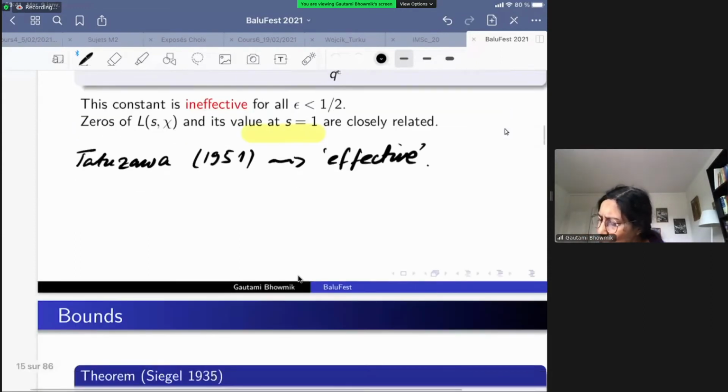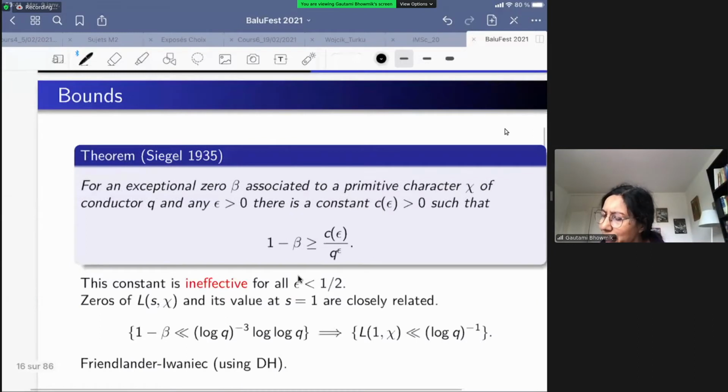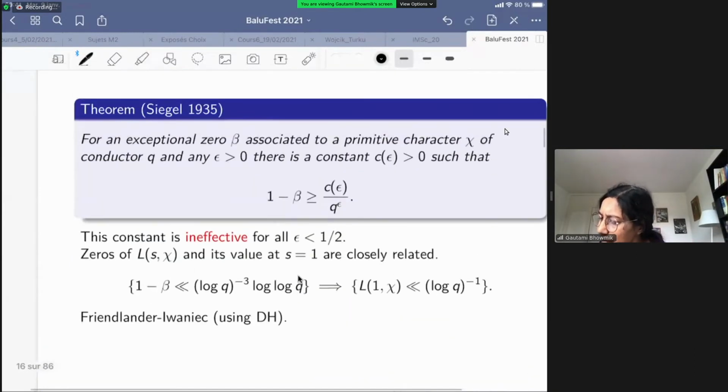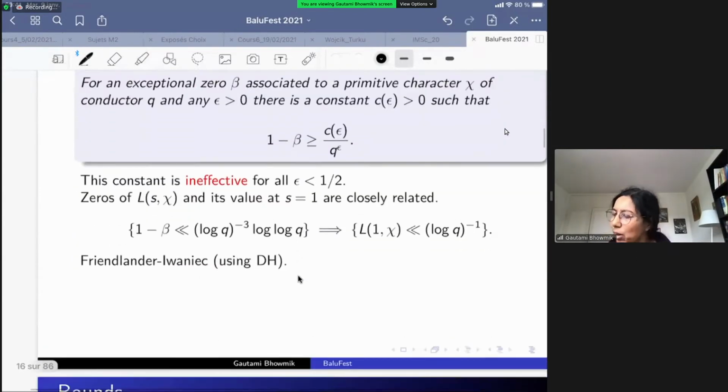So what do we know for these zeros of L(s, chi) and their values at 1? This is known since forever. What we know is that these are closely related.